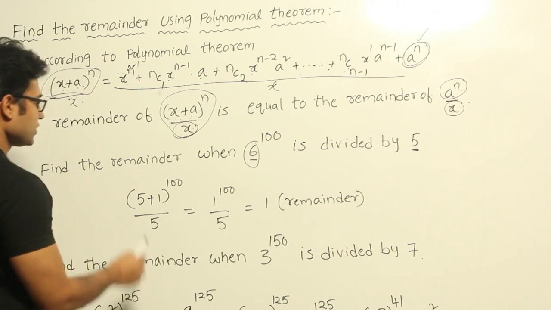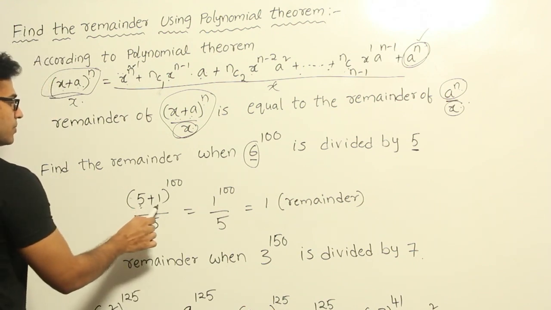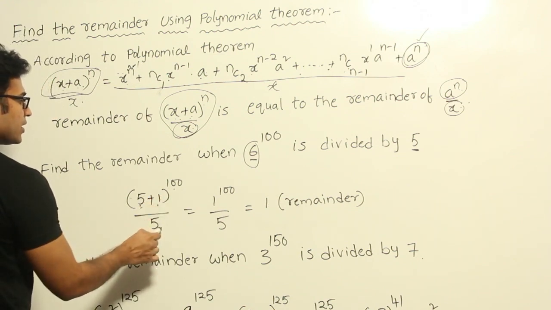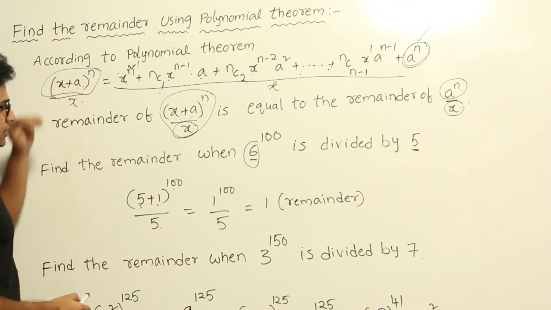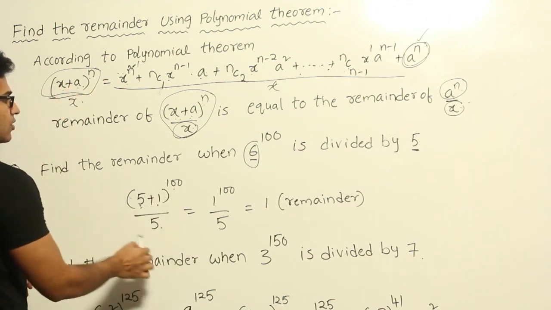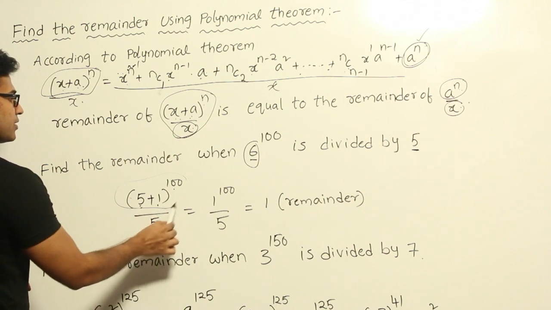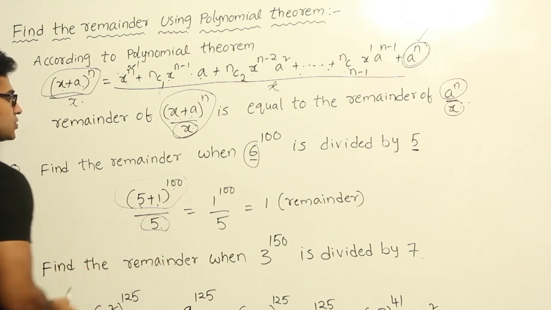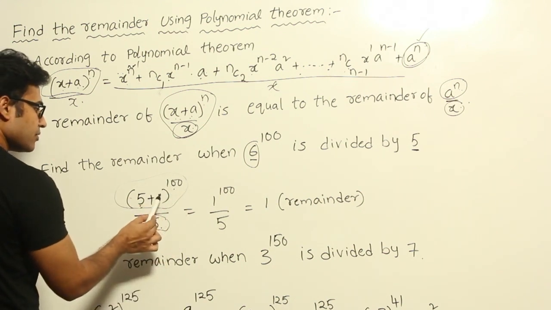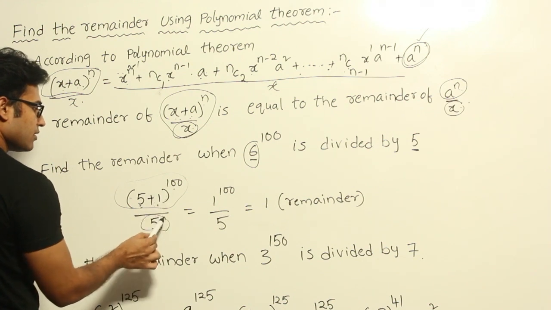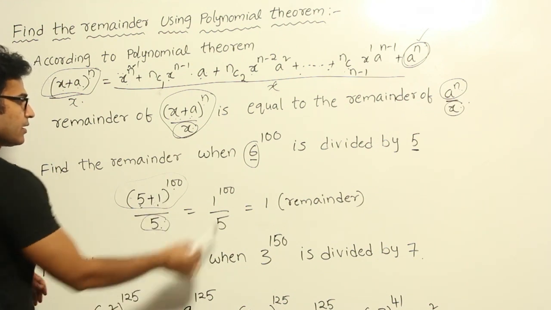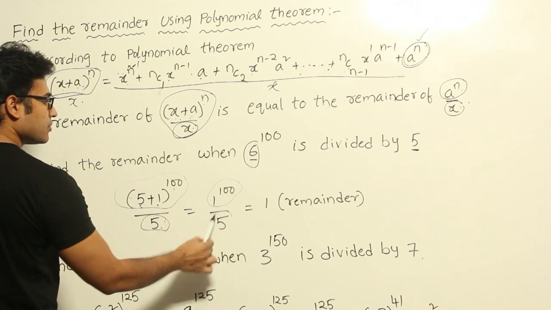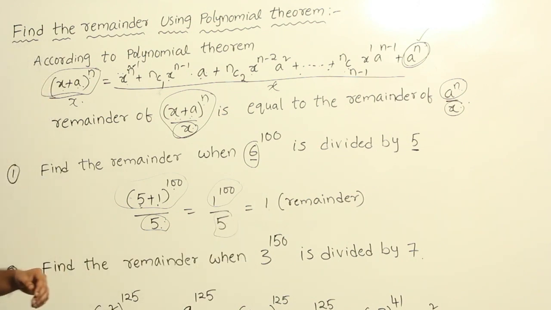So it is going to be 5 plus 1, whole power 100, divided by 5. Just by looking at this theorem, we can say that the remainder of this number is going to be the same as the remainder of 1 power 100 when it is divided by 5. Now what is the remainder of 1 power 100 when it is divided by 5? It is simply 1. Got it?